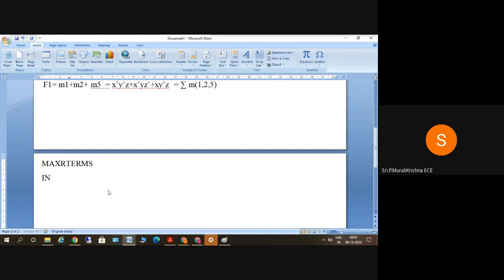In Maxterms, 0 is the normal form and 1 is the complement form. Maxterms are the complement of minterms.